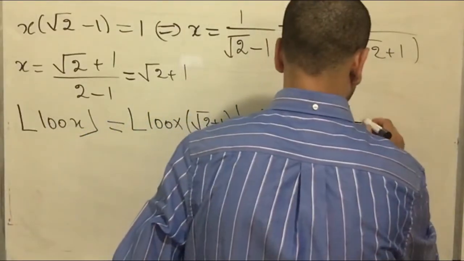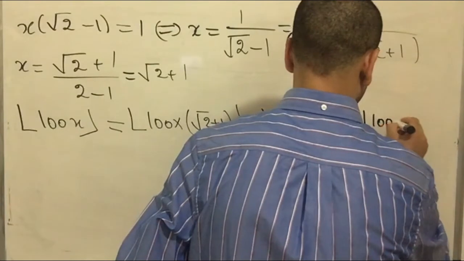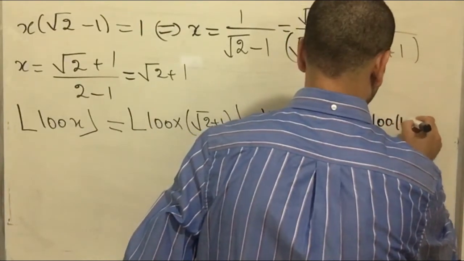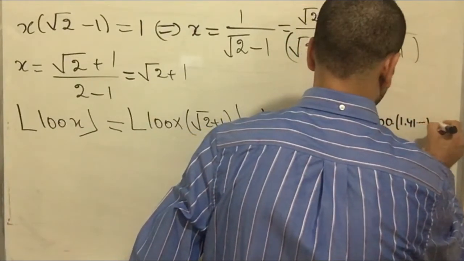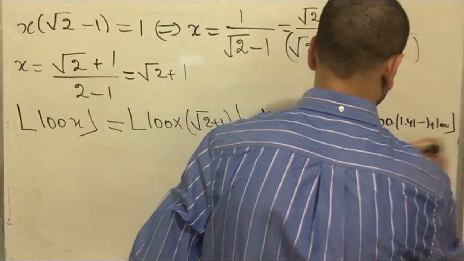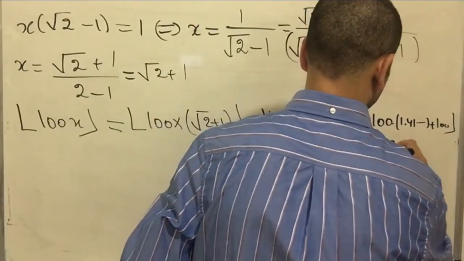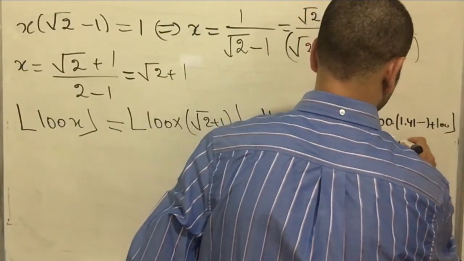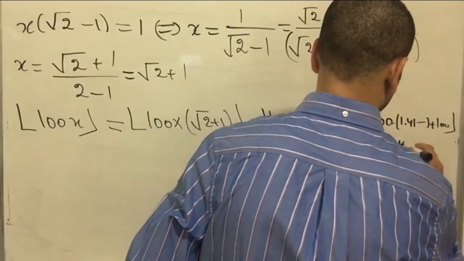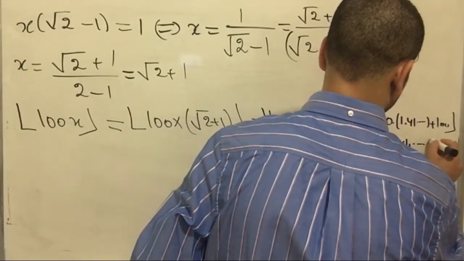I can rewrite this as 100 multiplied by 1.41 something plus 100, which is 241 point something.